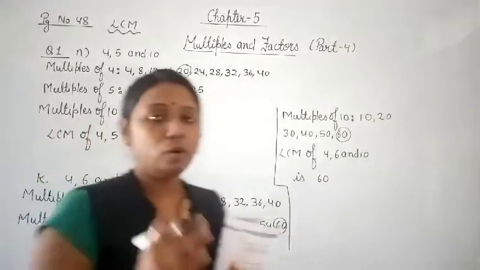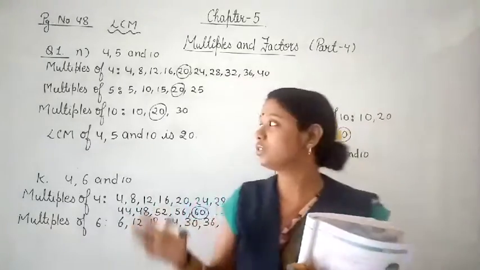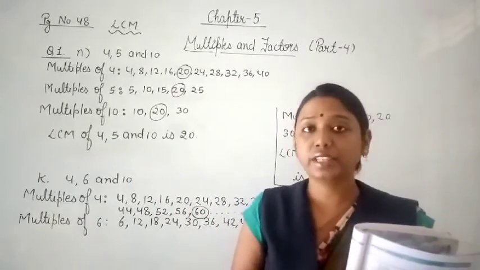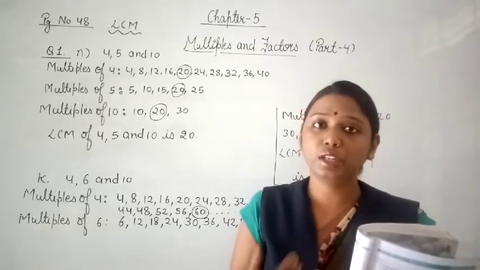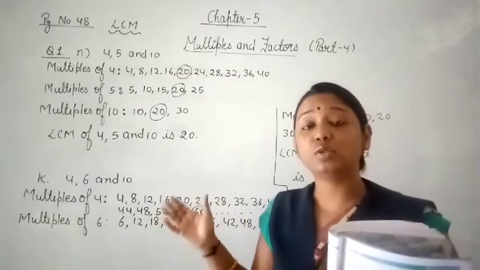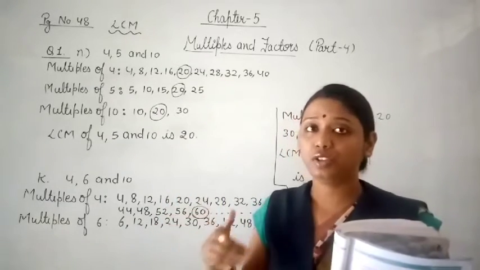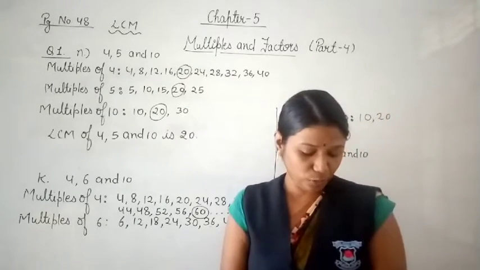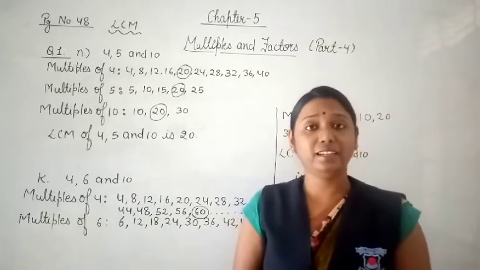Clear? I hope after discussing 3 parts of the same question, the process is clear to you, and you will be able to calculate LCM on your own. Here I am going to discuss one more part, and that is the o part.